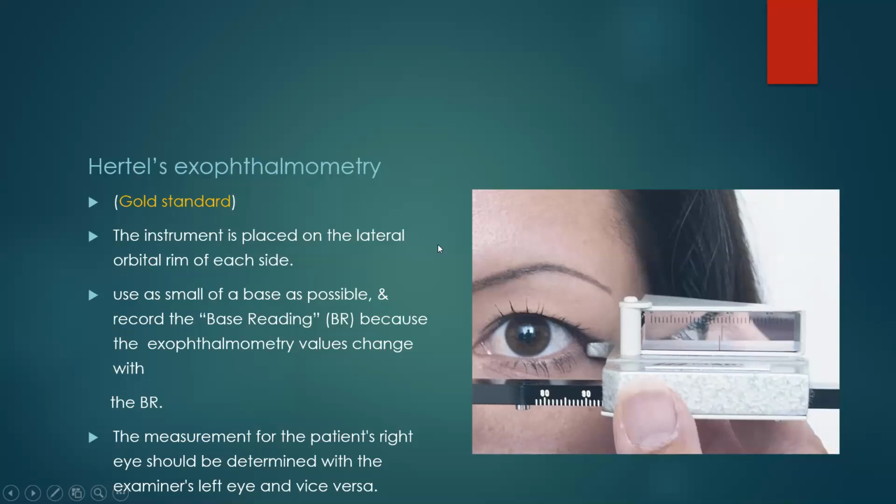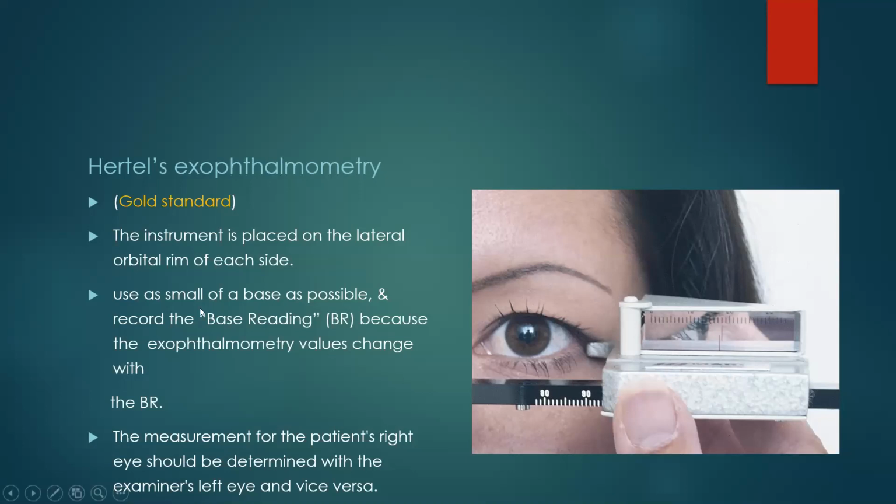It's placed on the lateral orbital rim of each side. We have to put it on the lateral orbital rim without stretching the lateral canthus. We have to make sure that we are not stretching the lateral canthus, because if we do so, we are pushing the globe posteriorly, and we get false readings.